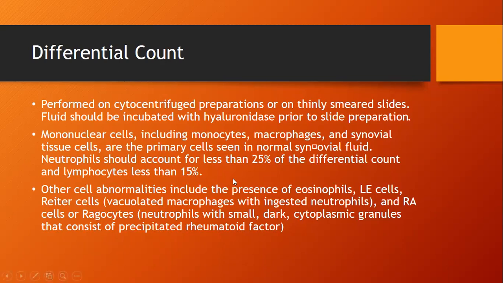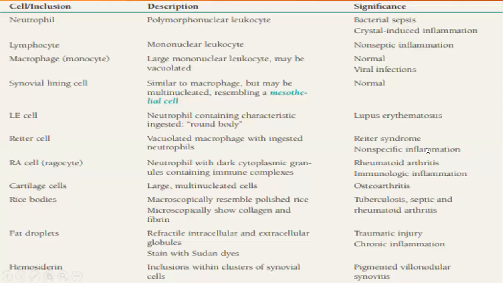Other abnormalities include the presence of eosinophils, LE cells or lupus erythematosus cells, Reiter cells, which are vacuolated macrophages with ingested neutrophils, and RA cells or ragocytes. These are neutrophils with small dark cytoplasmic granules that consist of precipitated rheumatoid factor.